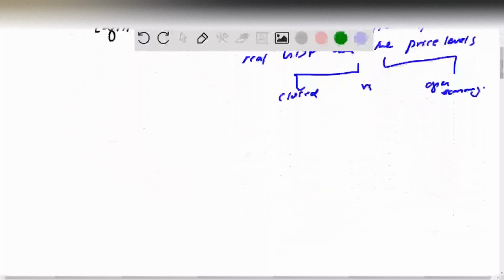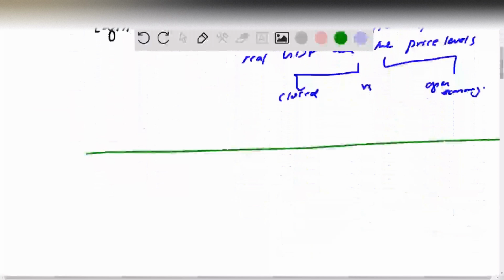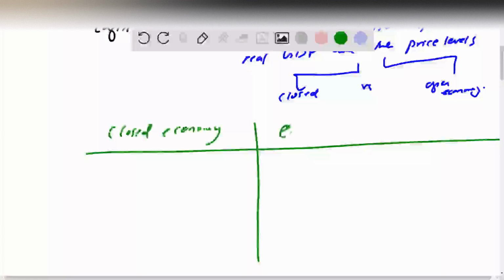So, we can have a table where on this side we have a closed economy, and on this side we have an open economy. And we want to see the attributes in terms of spending without increasing taxes.